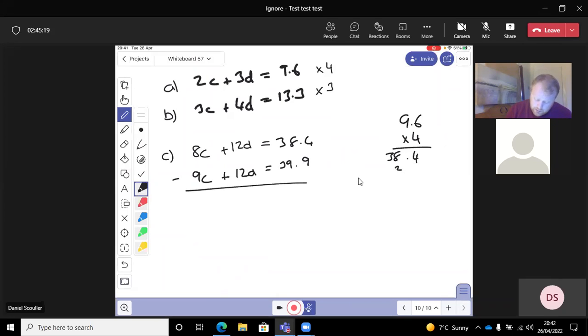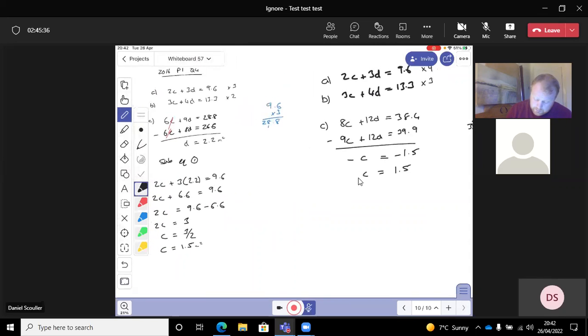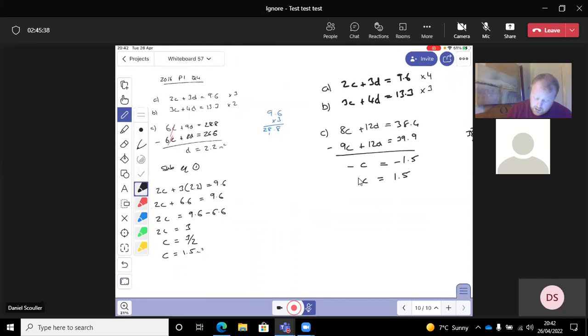Okay, so we'd have to take away that. So that would give me negative C equal negative 1.5, which means C would equal 1.5, which should be the same. Okay, and then I would sub that in, and then it would still work.